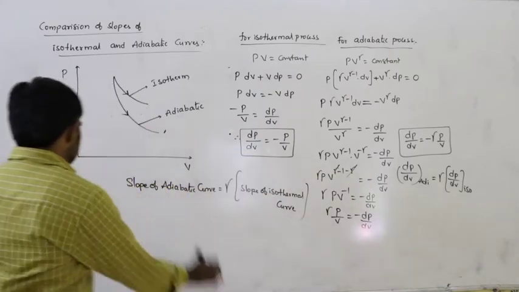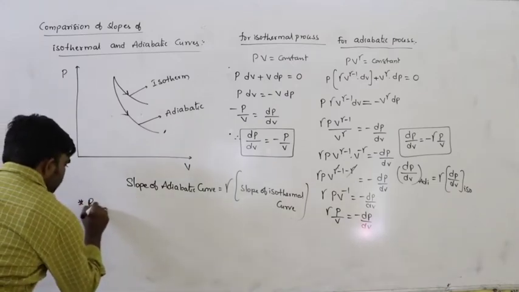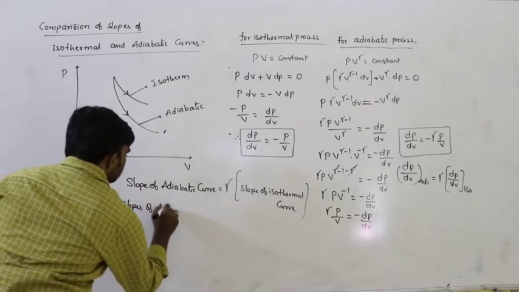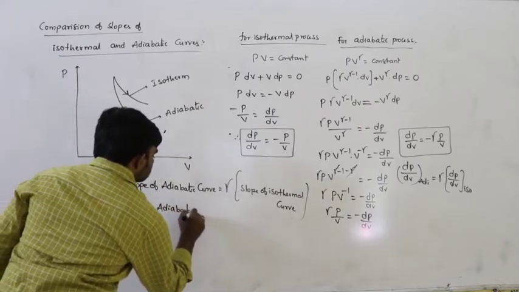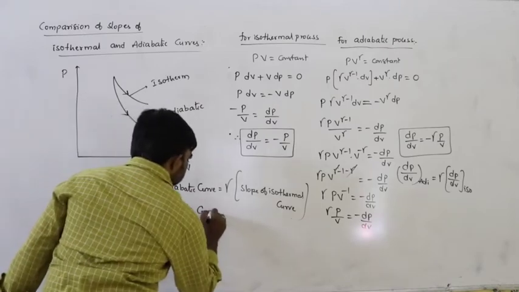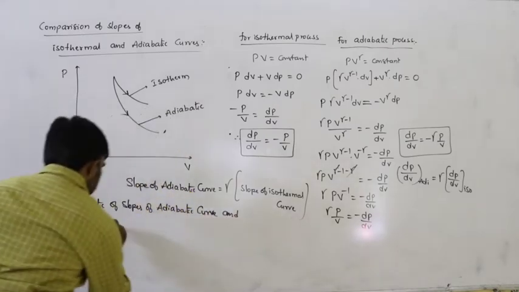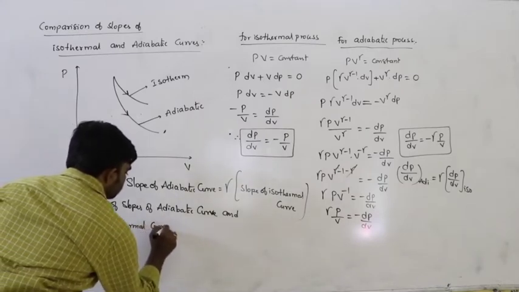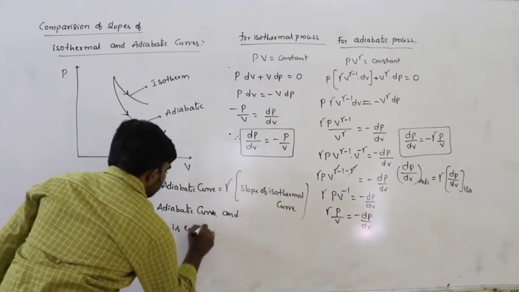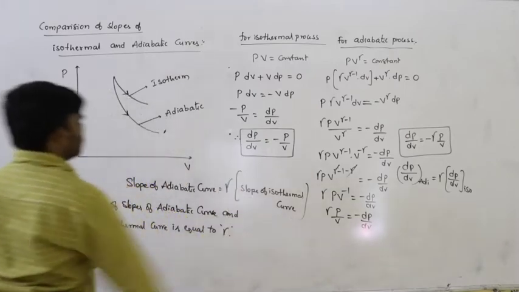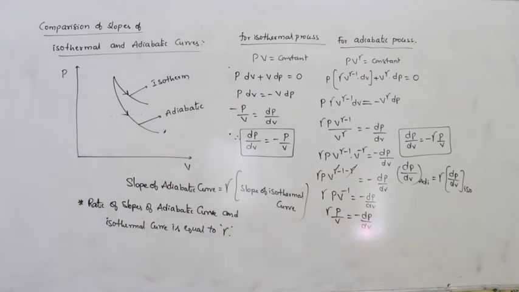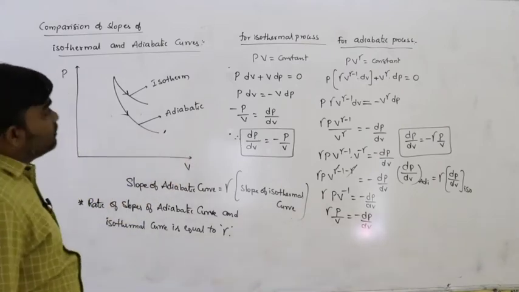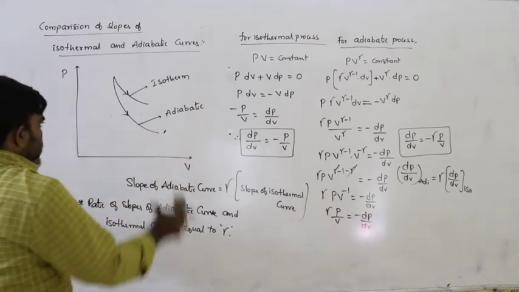And one more point, the ratio of slopes of adiabatic curve and isothermal curve is equal to gamma. So that is the comparison of slopes of isothermal and adiabatic curves.